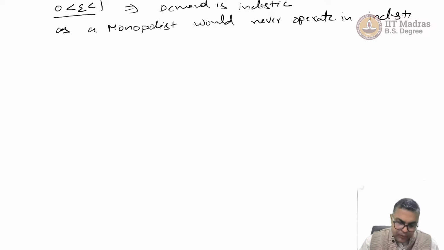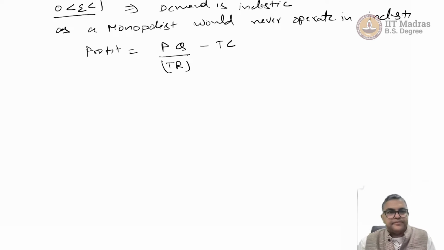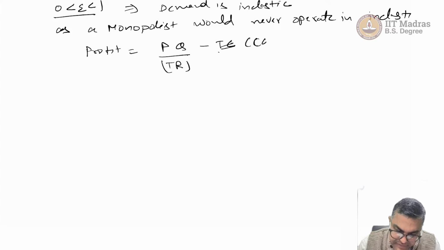Let us understand what happens. Profit is PQ, or here it is TR minus TC. That's what it is. And TC is basically a function of Q, C of Q, and let us write TC below.